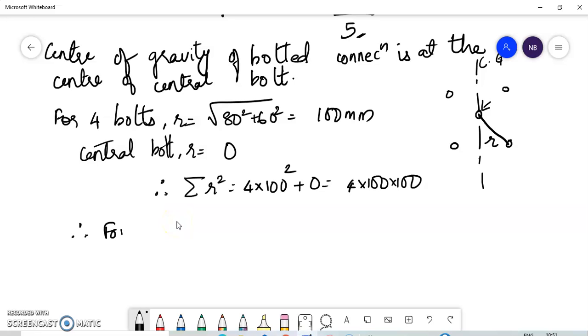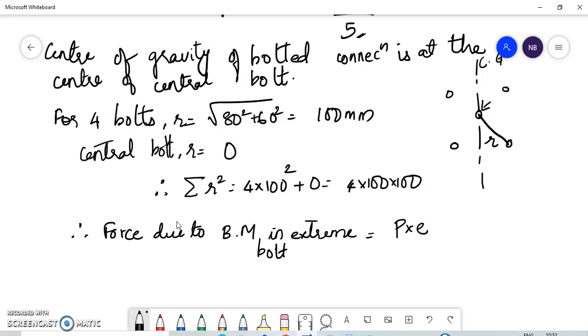Therefore, the force due to bending moment in the extreme bolt is given by the formula.